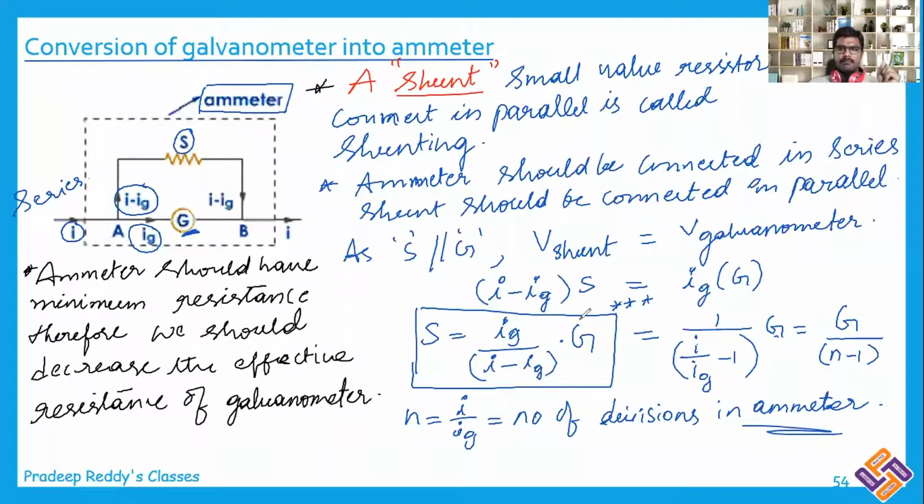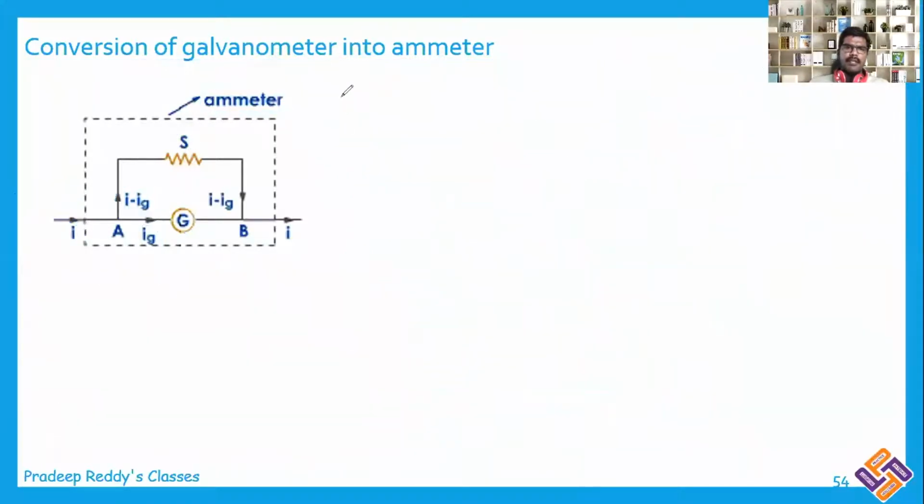And Ig is galvanometer current, the maximum current passing through the galvanometer, and the current measurement of the ammeter is directly proportional to Ig. Remember that. So let me take this equation.